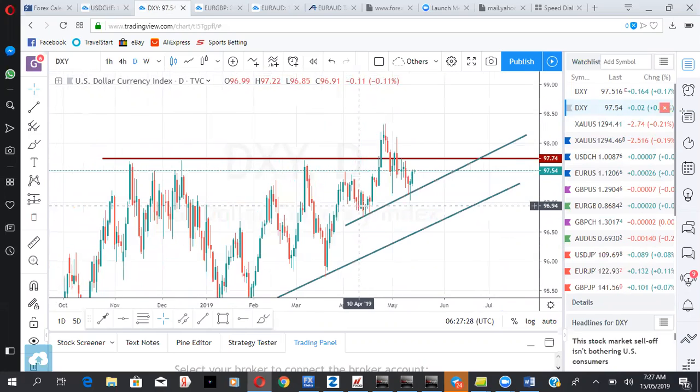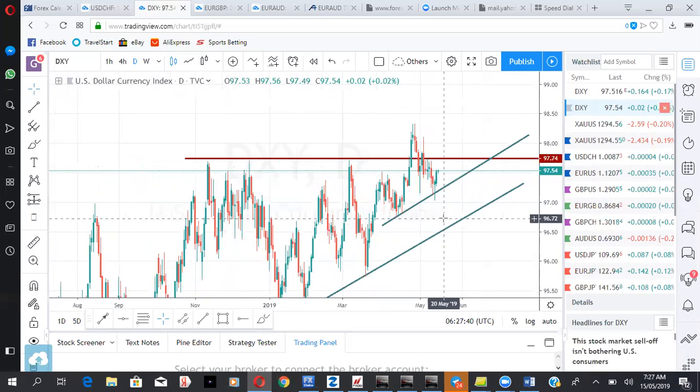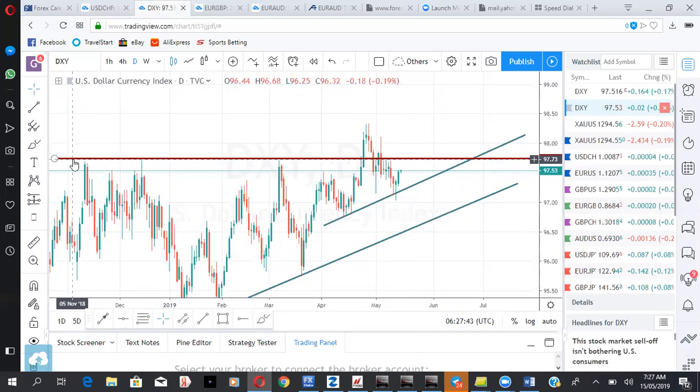So what does this tell us? This tells us that we might have a bit of a run up. We might see a bit of dollar strength to the upside, at least towards 97.74. Why 97.74? If you look to your left, this 97.74 was a bit of a high. Price broke above it and came back below it. So this might be a bit of a retest to that level to drop further.